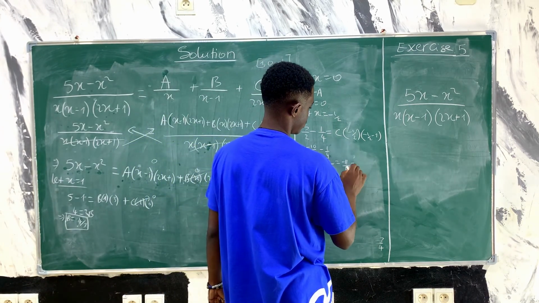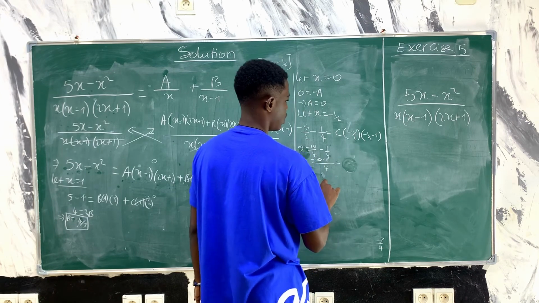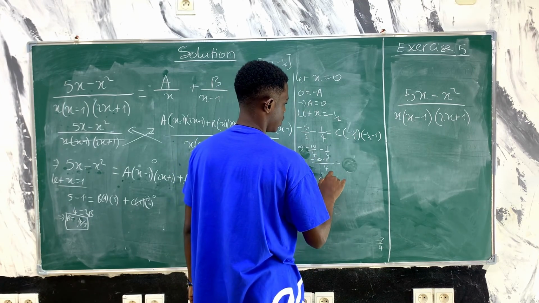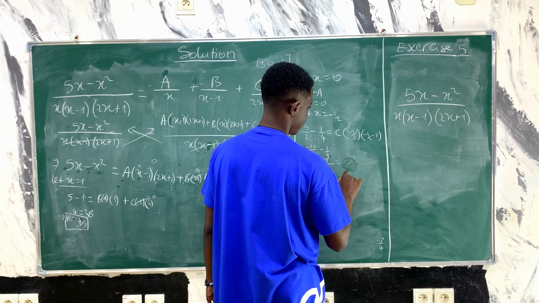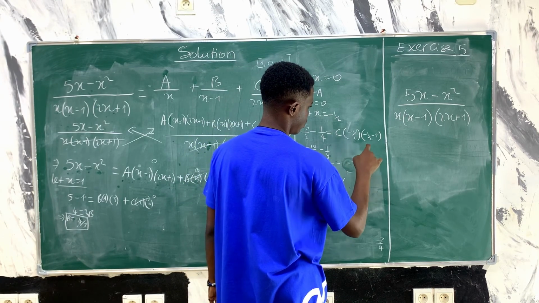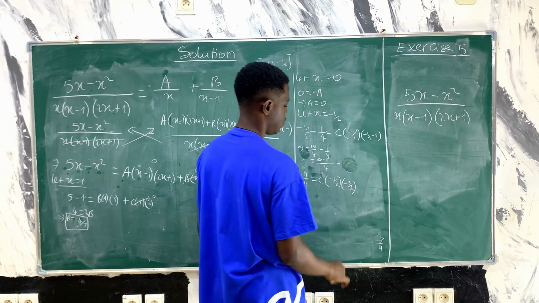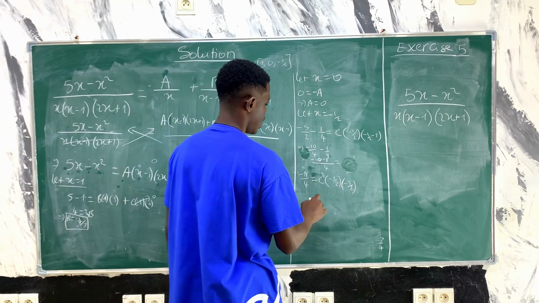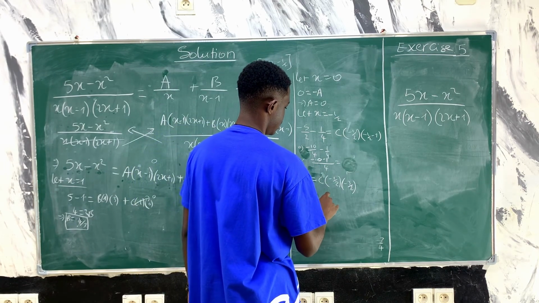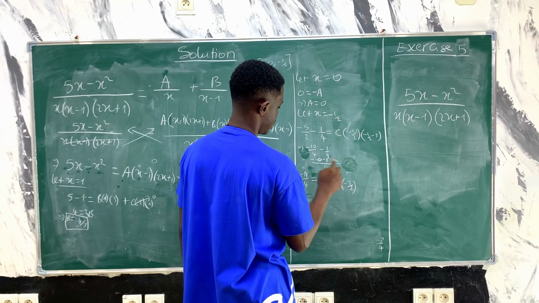That will be equal to c into minus half into minus half minus 1. So I'll have c. I'll bring this side here and this side here.